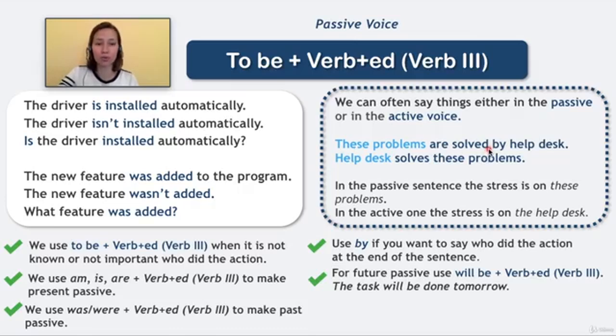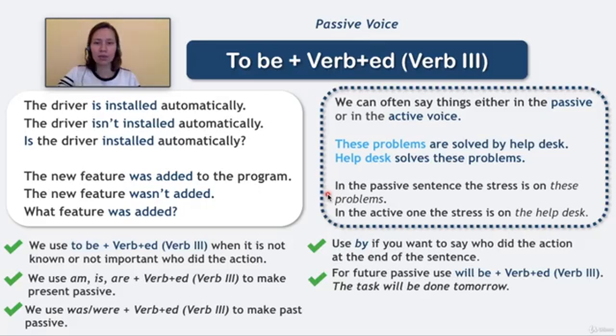But if you think that it's important to say by whom, then you say by, and then who did the action, by help desk. So these sentences are actually telling the same thing, but in two variants.